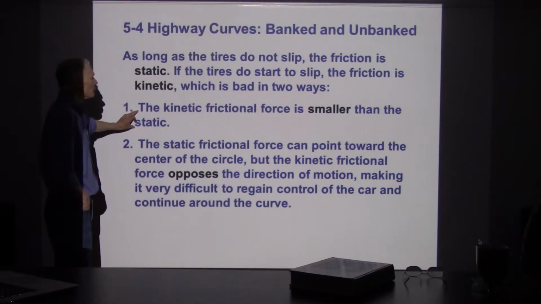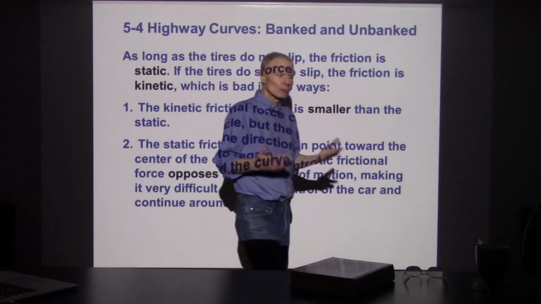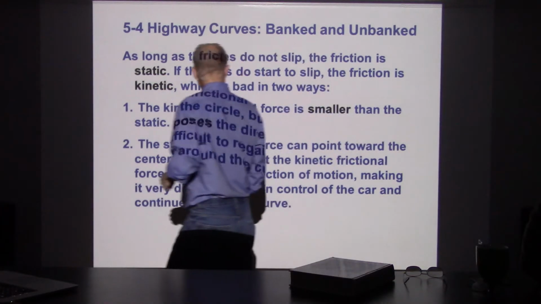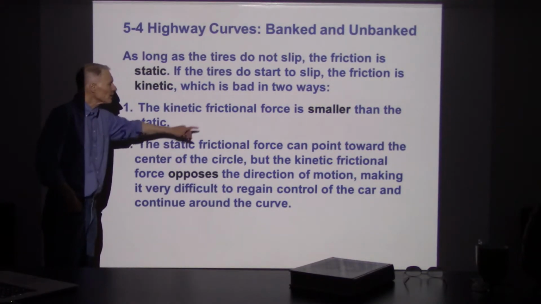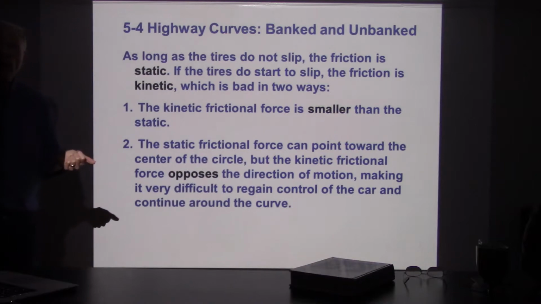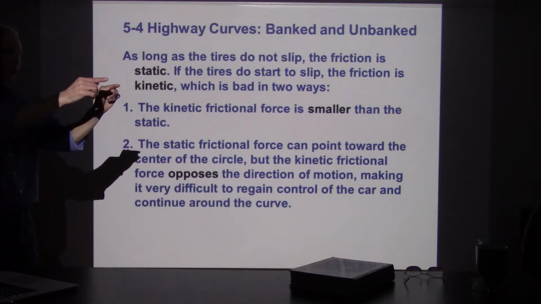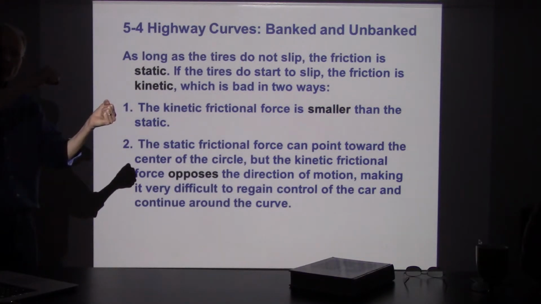First of all, the kinetic friction force is smaller than static, so you don't have as much friction force to work with. But probably even more important is that the static frictional force can be directed to the direction that you want. So static frictional forces can be directed so they're pointing forwards or backwards or left or right, depending on how you got the steering wheel turned.